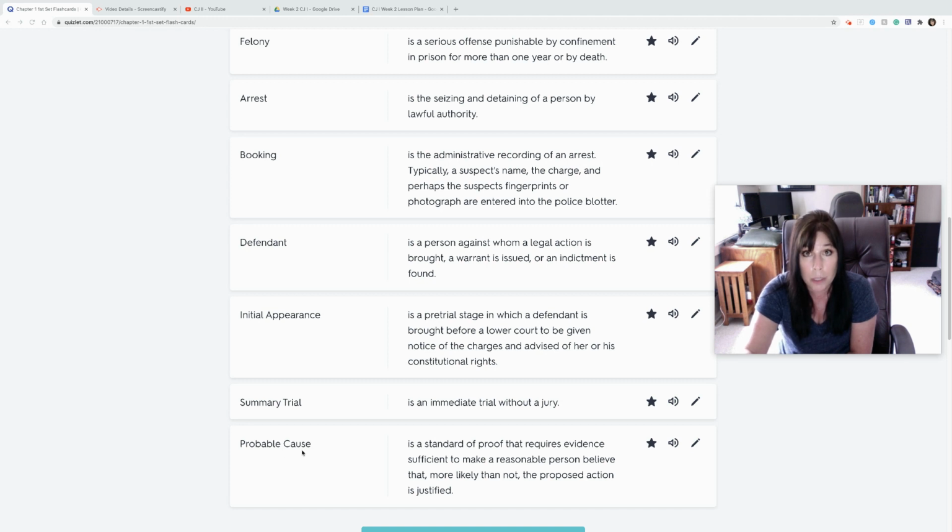But your textbook definition, which I think is not very helpful, is a standard of proof that requires evidence sufficient to make a reasonable person believe that more likely than not, the proposed action is justified.